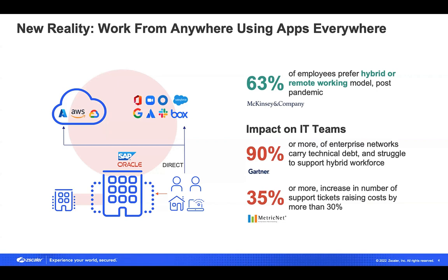Now, as we know today, and what we have seen in the past couple of years, a majority of organizations have adopted a digital-first business strategy. And to support this transformation, CIOs have welcomed cloud applications and SaaS applications. Incidentally, any organization with more than 250 users uses more than 100 SaaS applications, and that stat was just staggering for me.